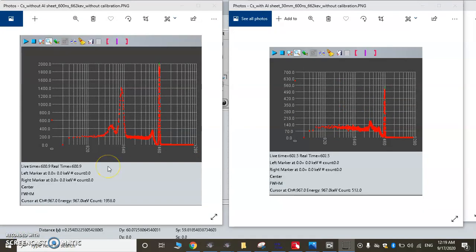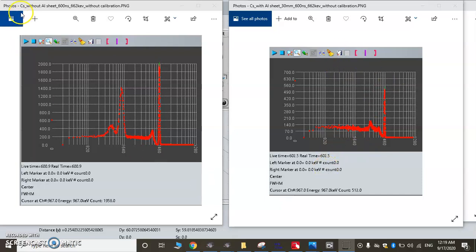So let's go to the experimental results. Here are the experimental results for both parts. This one is the cesium source with an aluminum sheet of 30 millimeter thickness. The results are after 600 seconds.